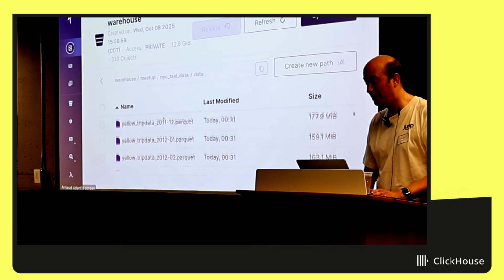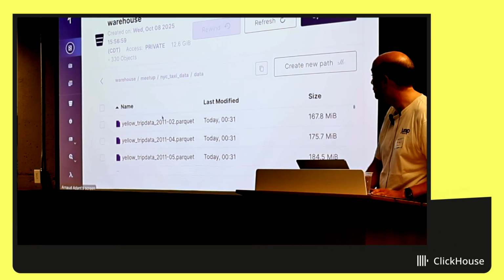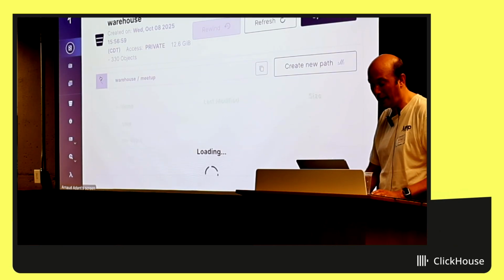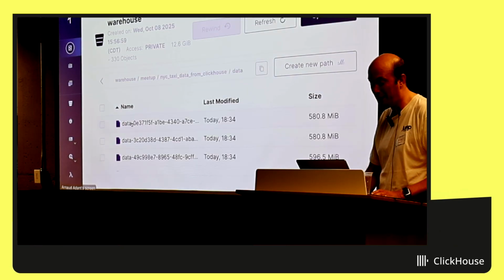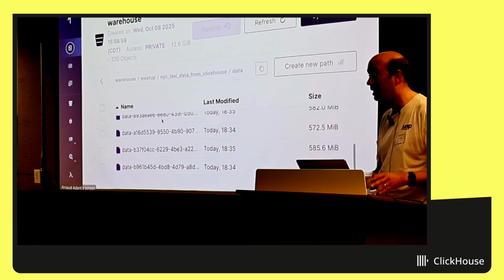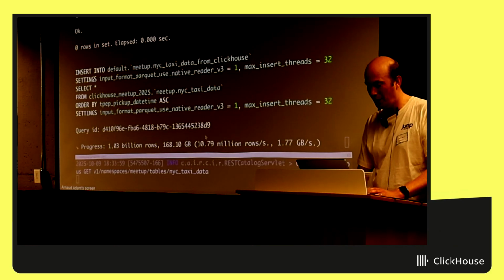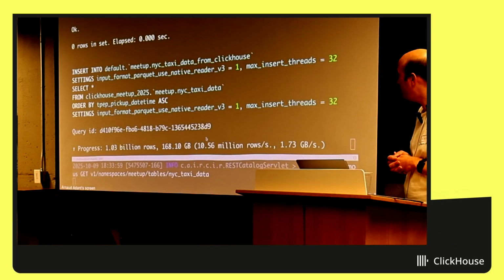Here I had about between 100 and 200 megabytes, and now I have less files. So that I configured. And so let's see the progress of that. If I come back to this, it should last about 3 minutes.